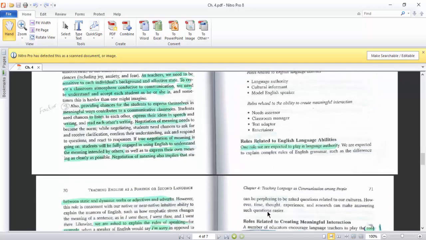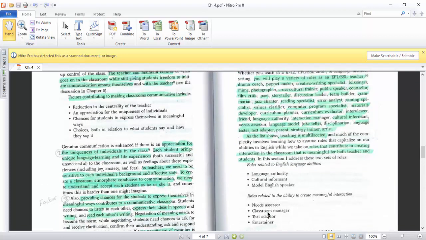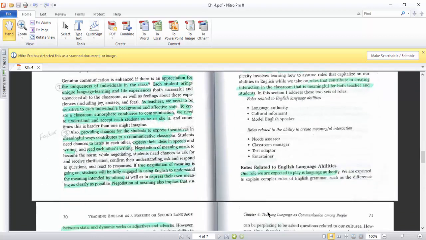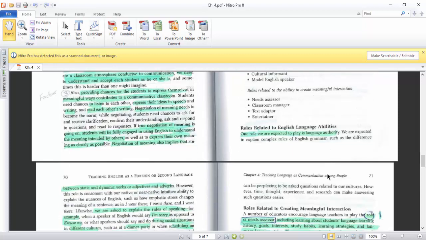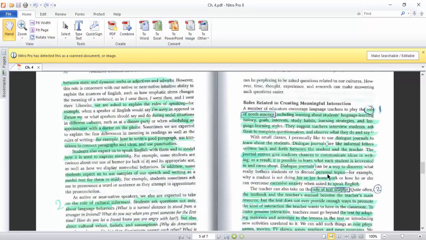So we have the first set, roles related to the English language abilities, and then roles related to creating meaningful interaction.